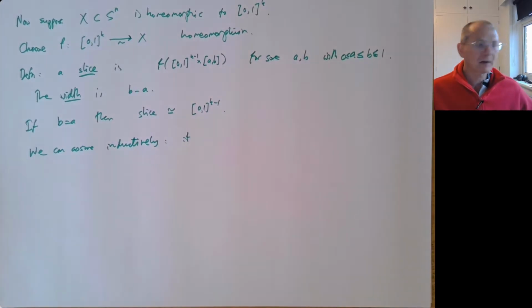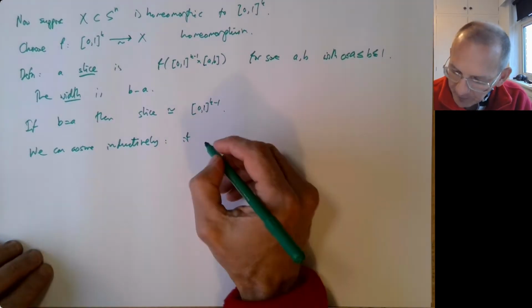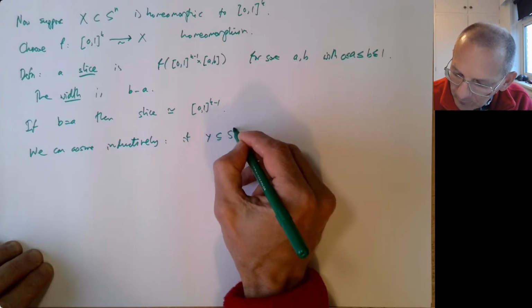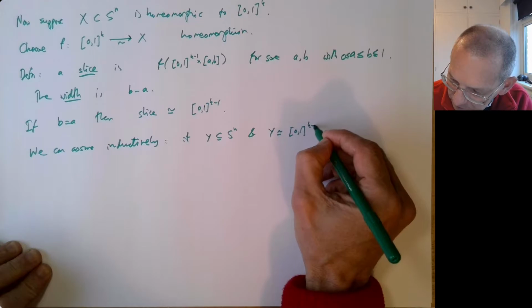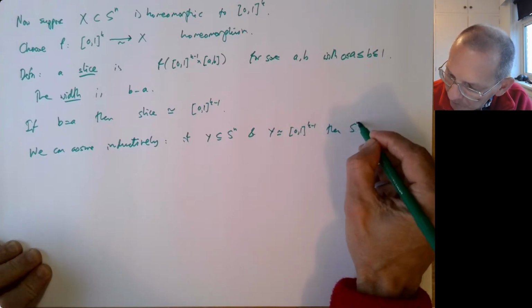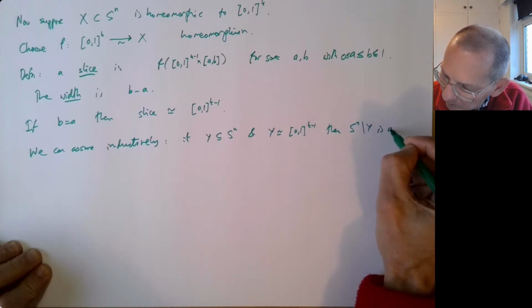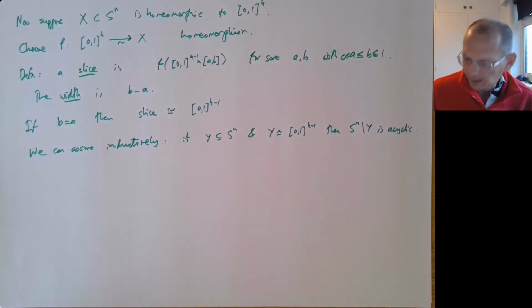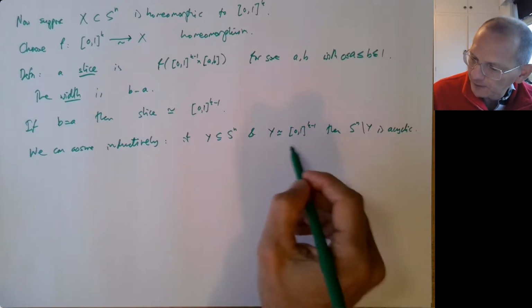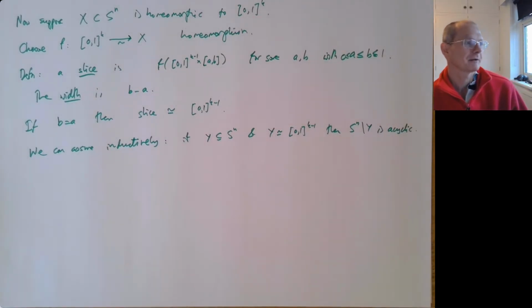So we can assume inductively that if we remove a k minus 1 dimensional cube, then the complement of the k minus 1 dimensional cube is acyclic.